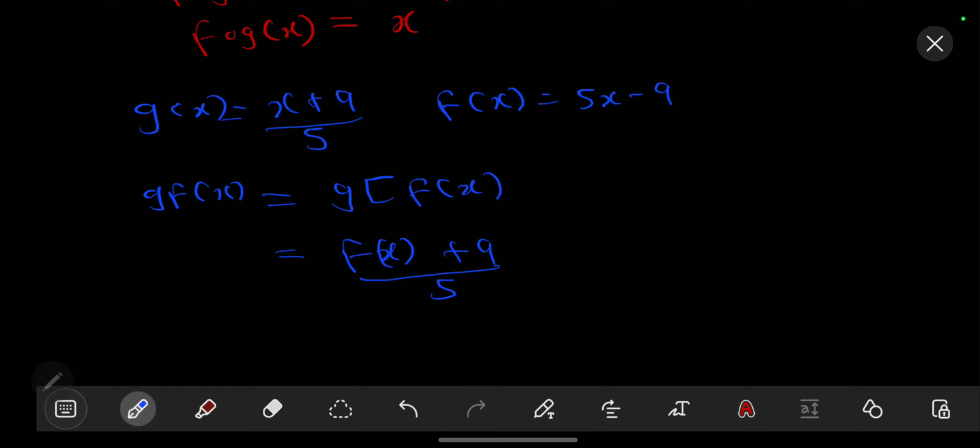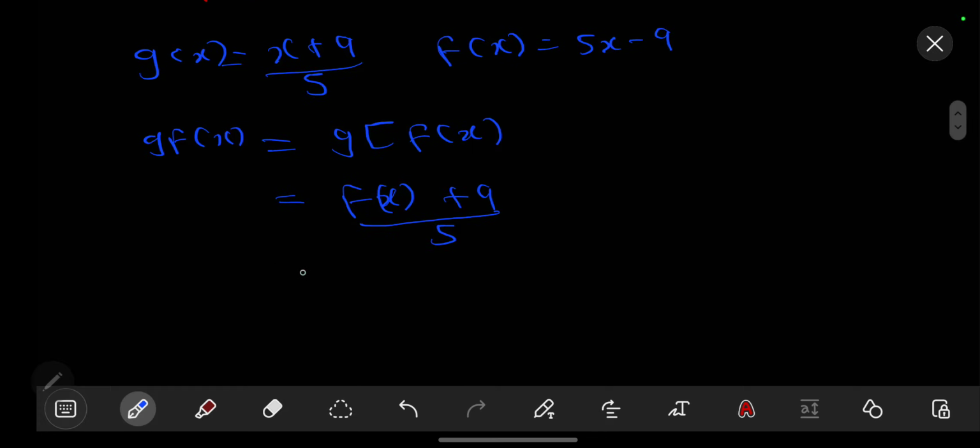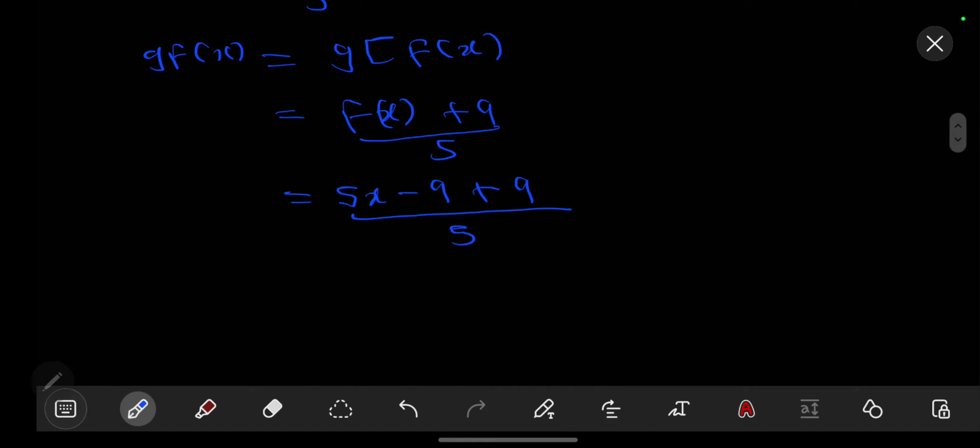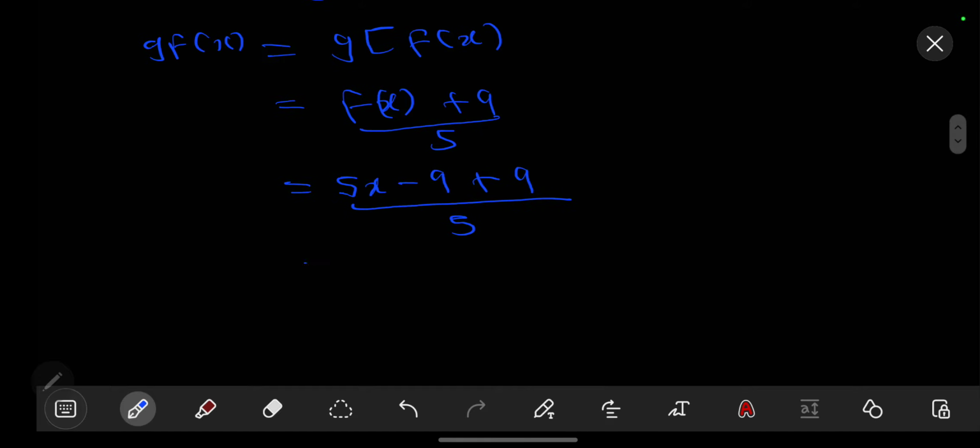Then from here we are going to substitute. What is f of x? f of x is 5x minus 9, then we have plus 9 over 5. So we are going to have minus 9 plus 9 giving us 0. Here we are remaining with 5x over 5, which will give us gf of x equal to x.